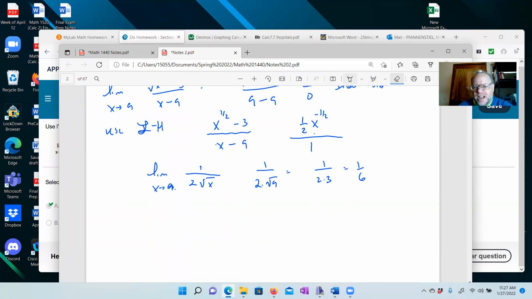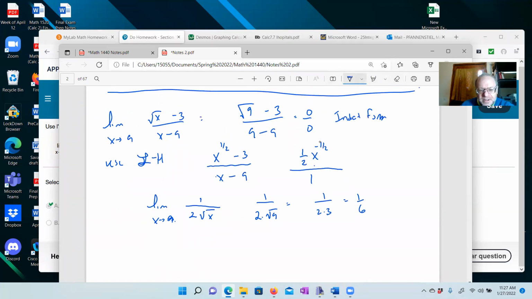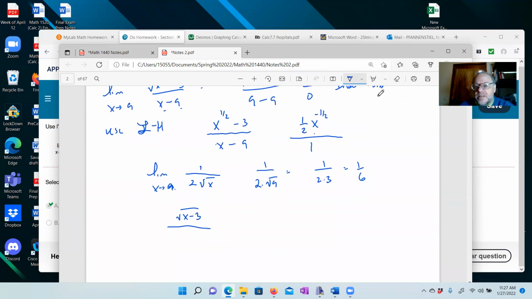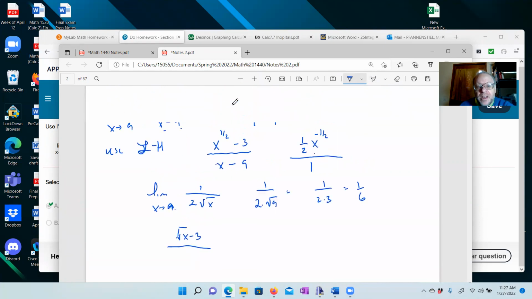And what do you mean by, can you factor that? You sure can. This is the square root of x minus 3. And this is actually the difference of 2 squares. It's kind of hidden as a difference of 2 squares, but it is.